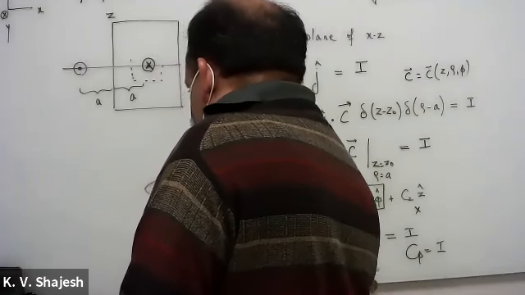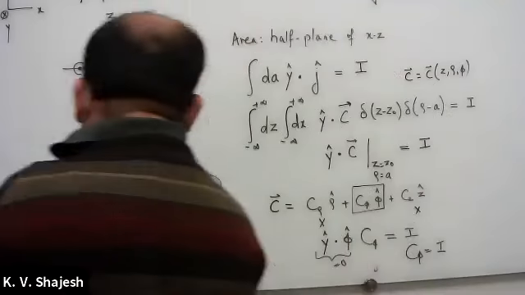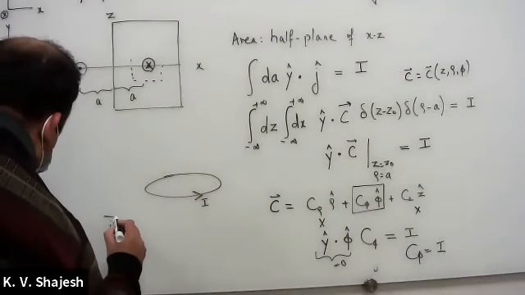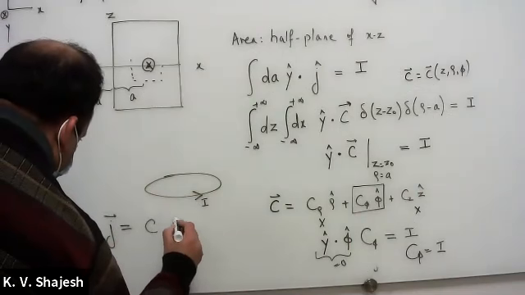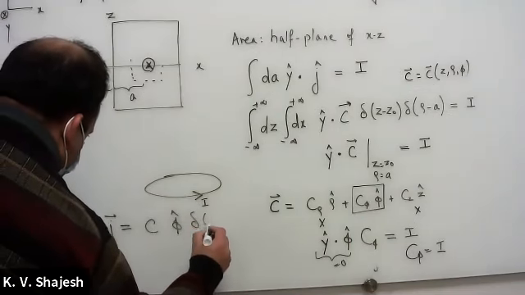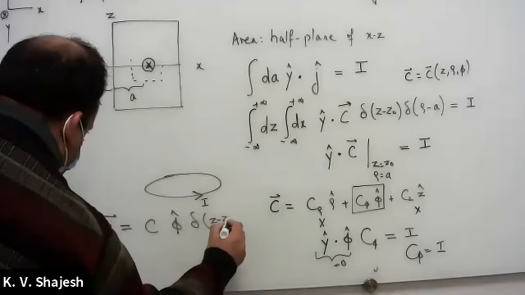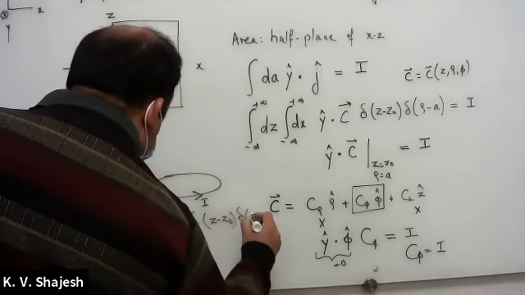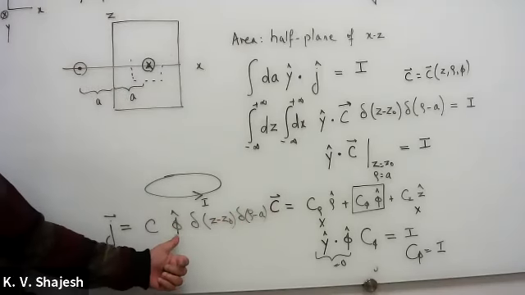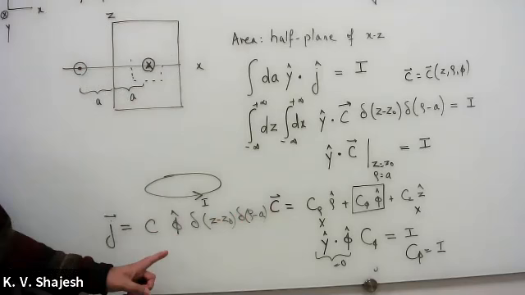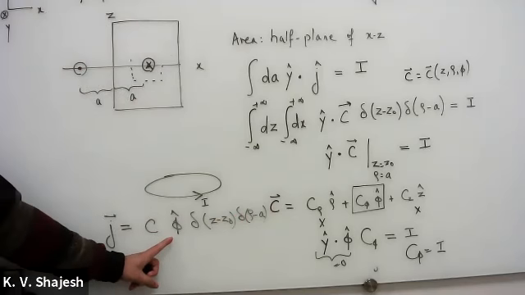It would have been simpler if I had started with this C times phi hat times delta of Z minus Z naught times delta of rho minus A. Like put one more constraint right away. Is that step okay?